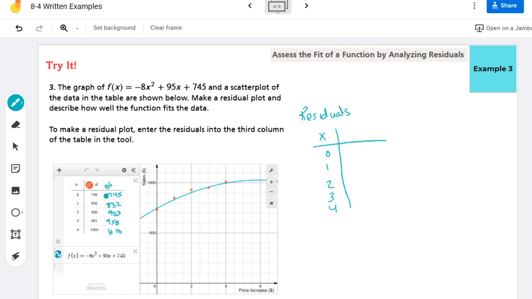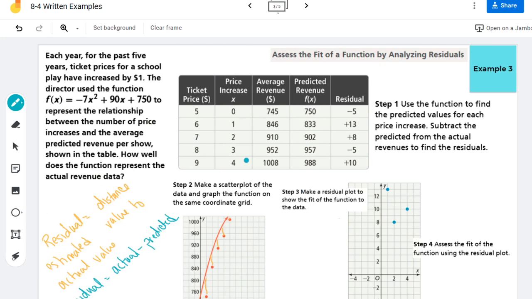So for my residuals, again, I take the actual and subtract the estimate, just like we did here. So this was the actual, they just typoed it, and they subtracted the predicted.